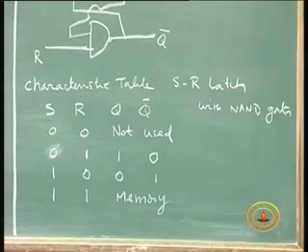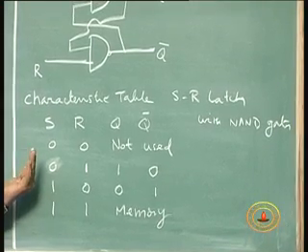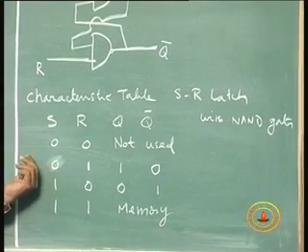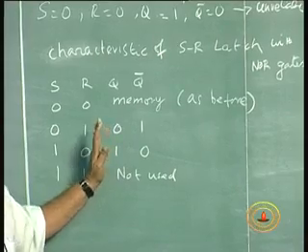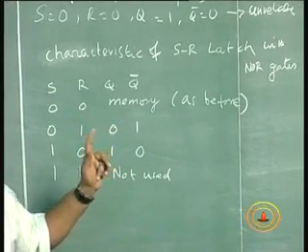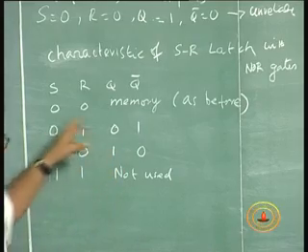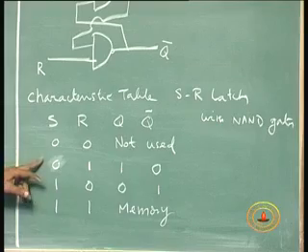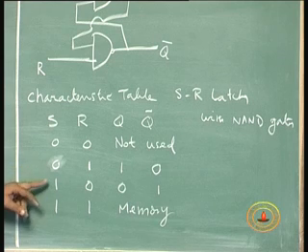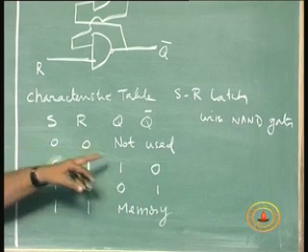This condition is opposite: here S is 1, it sets, the flip flop is set to 1. When S is 0, the flip flop is reset to 0. So, S corresponds to the setting condition. Here when S is equal to 0, the flip flop is set, and when S is equal to 1, it is reset.